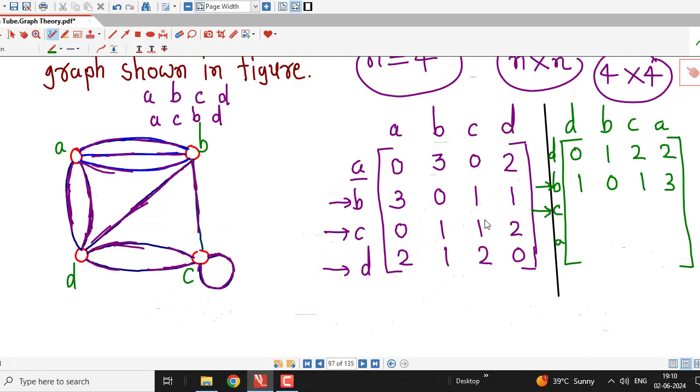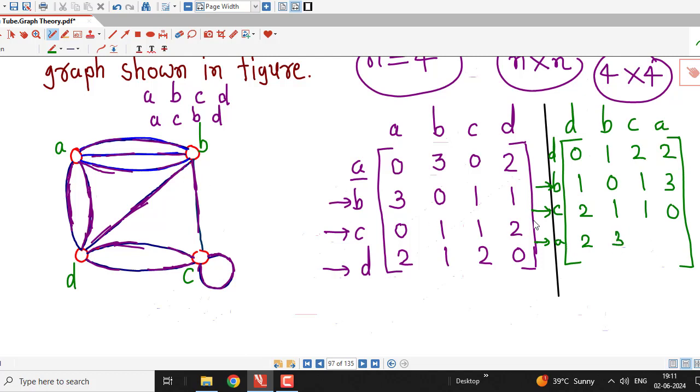Then from C to D there are 2 edges. From C to B there is only one edge. There is one loop at vertex C. And from C to A there is no edge. Then from A to D there are 2 edges. Then from A to B there are 1, 2 and 3 edges.